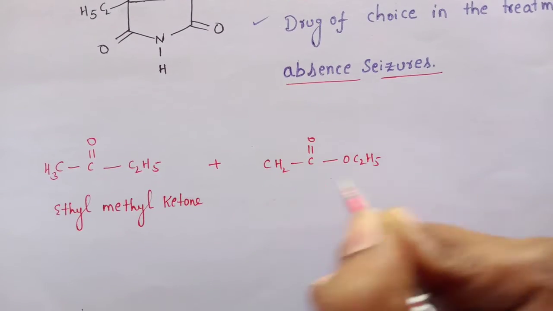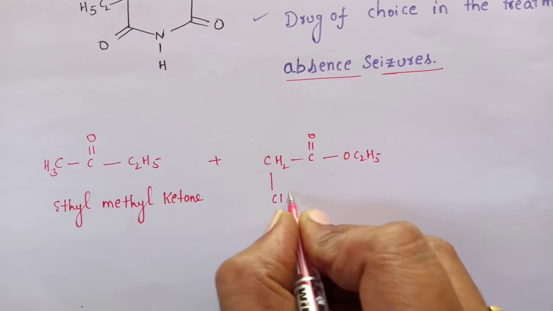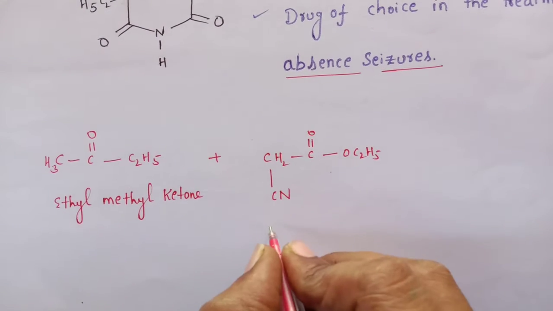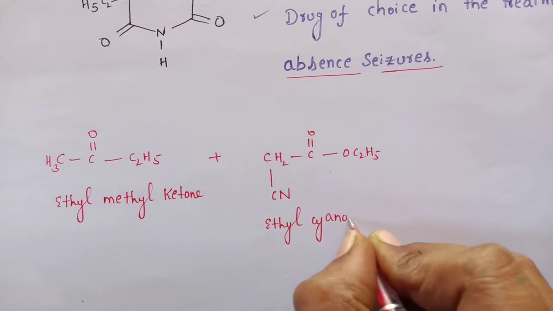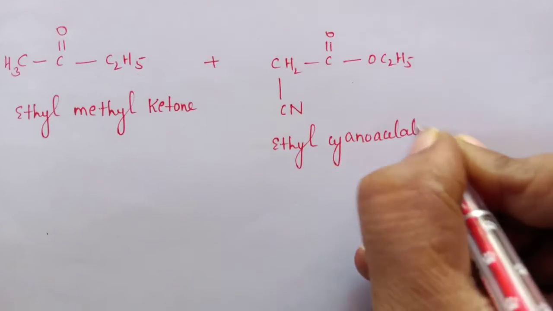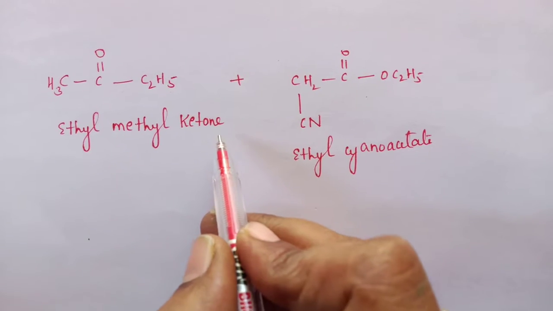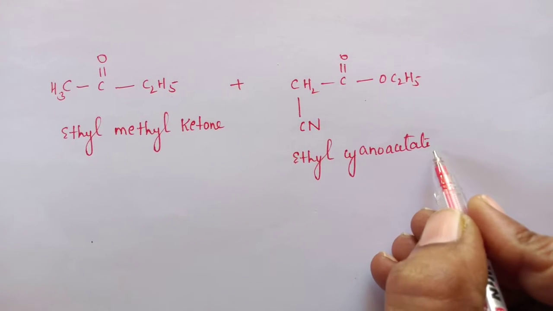This is nothing but ethyl acetate containing a cyanide group. These two are the starting materials: ethyl methyl ketone reacts with ethyl cyanoacetate.